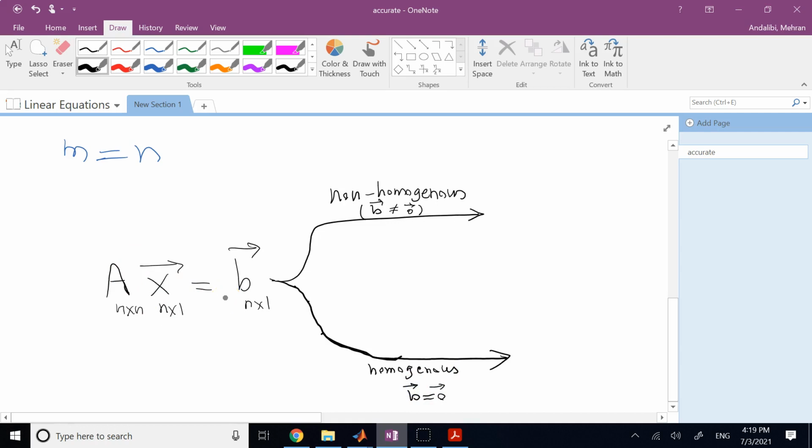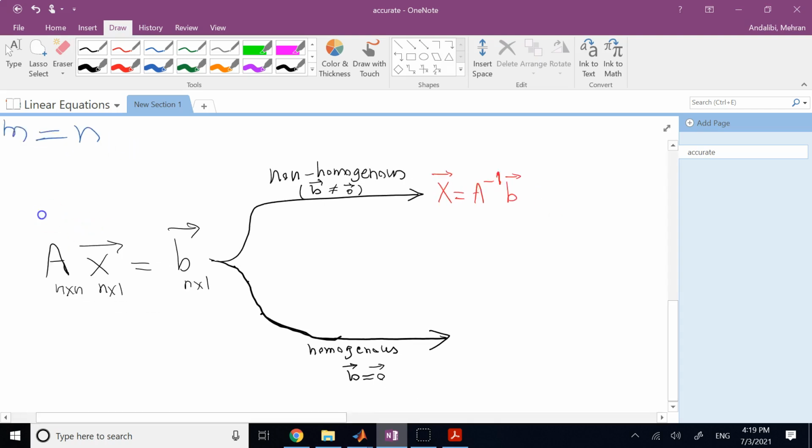Now what happens? If it's not homogeneous, there are two scenarios. Either the coefficient matrix has 0 determinant or it doesn't have 0 determinant. So in general, the solution is x equals A inverse times b. Okay, as you know. Now, A inverse does not always exist. Sometimes it doesn't exist, and you know, for a square matrix, it doesn't exist when what?